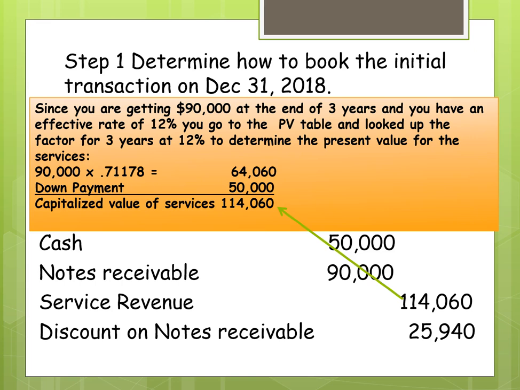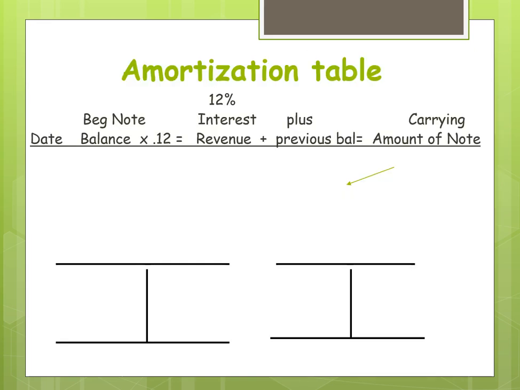So how do we come up with a journal entry? Well, usually you want to do an amortization table, and this is how it goes. We would put the initial carrying amount of the note, which is $90,000 minus the discount, which tells us on the books we're carrying that note at $64,060.